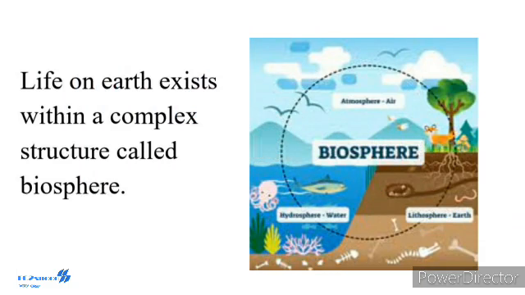So the life on Earth exists within a complex structure called the biosphere. There exist mysteries and wonders in the living world. Some are not visible, but the activity of some captures the attention of all.